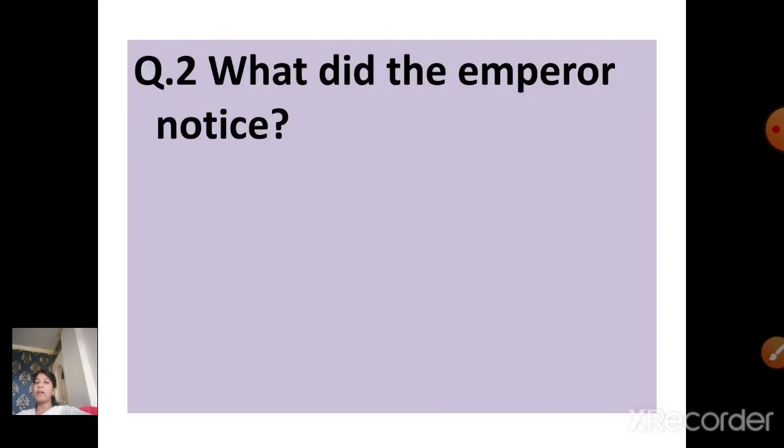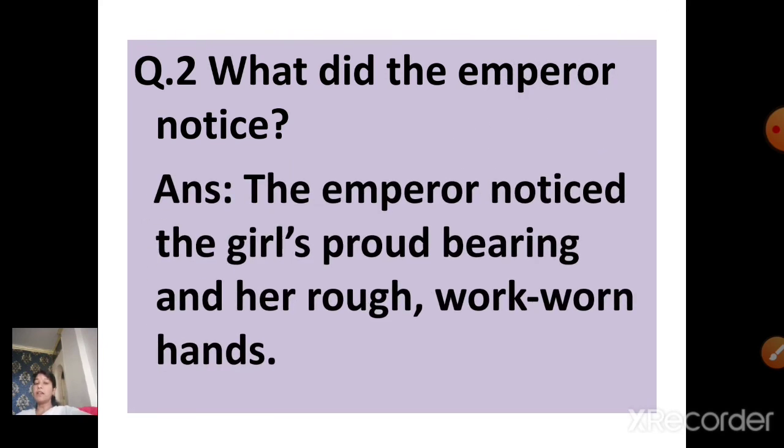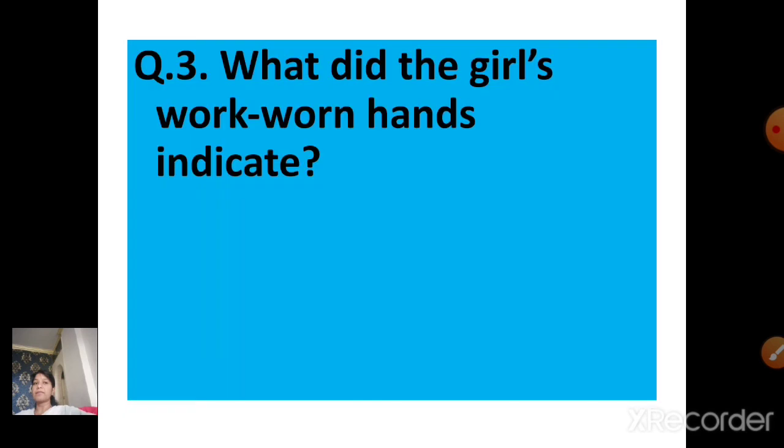What did the emperor notice? Yes, the emperor noticed the girl's proud bearing and her rough work-worn hands.